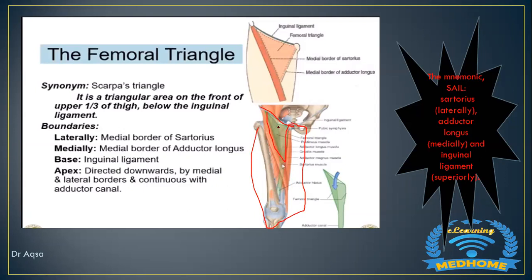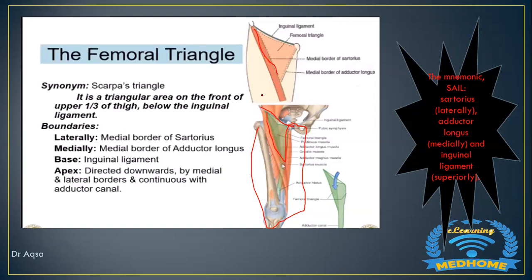Now to explain the boundaries, it's very easy. I've made a mnemonic for you to remember it very easily. The mnemonic is SAIL. Laterally, we have the sartorius muscle. Medially, we have the adductor longus, that is A, and I and L stand for the inguinal ligament.